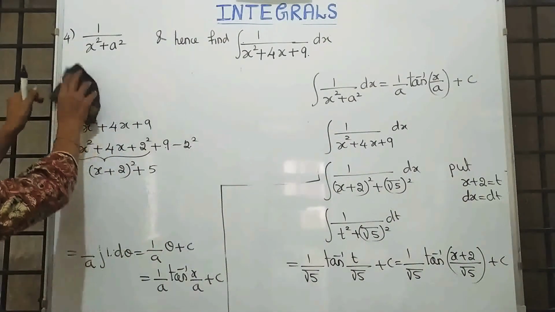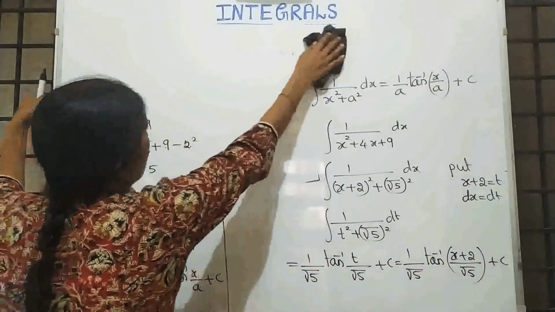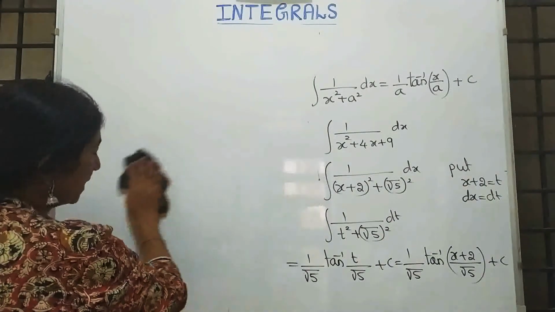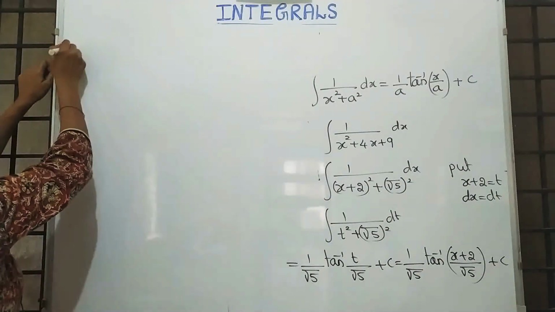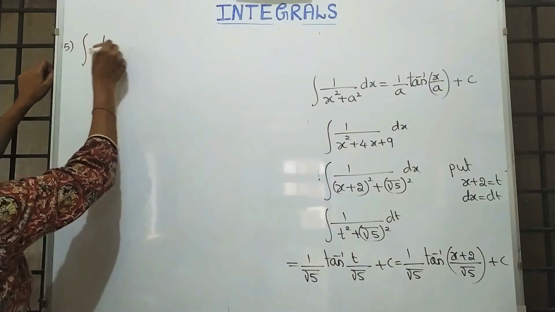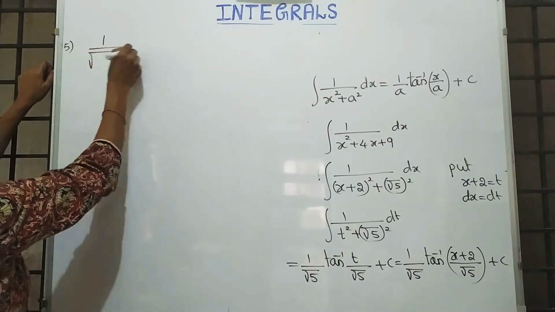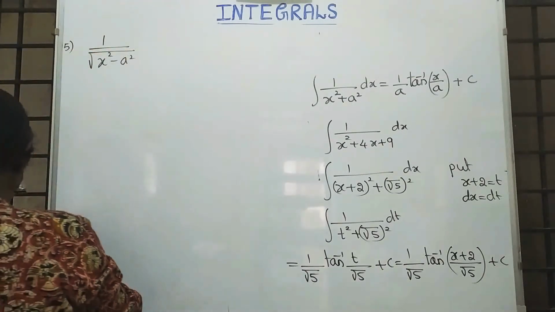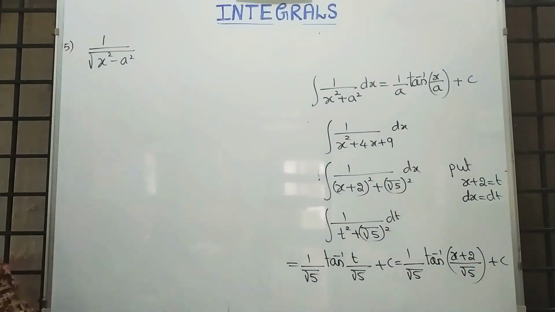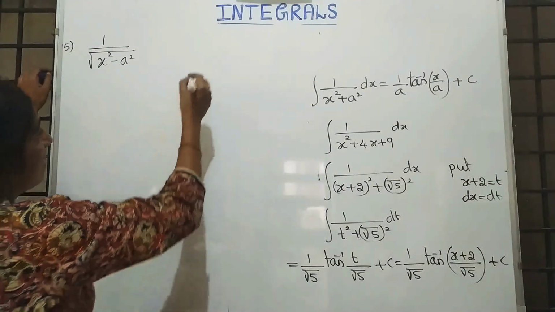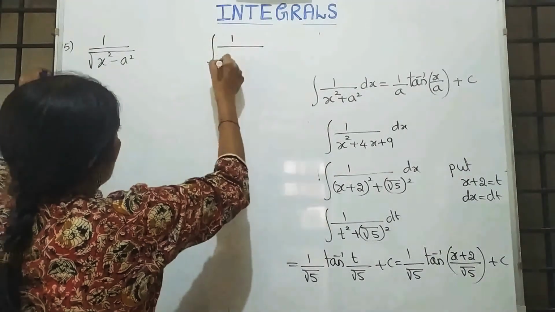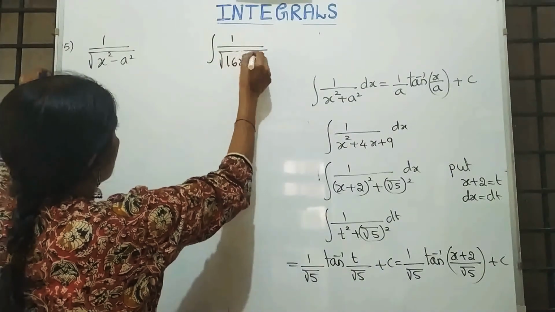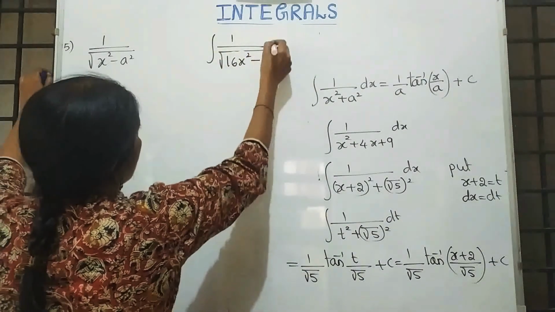Moving to the fifth one. Find the integral of 1 upon root of x square minus a square, and hence find the integral of 1 upon root of 16x square minus 9 into dx.